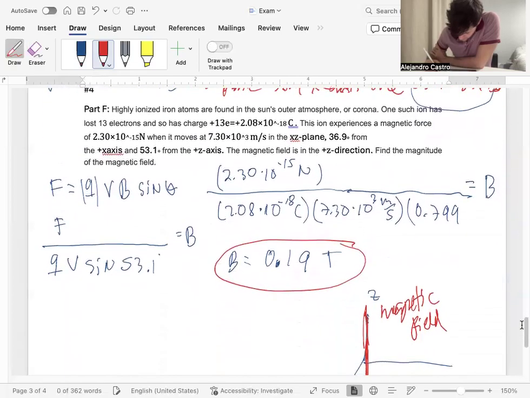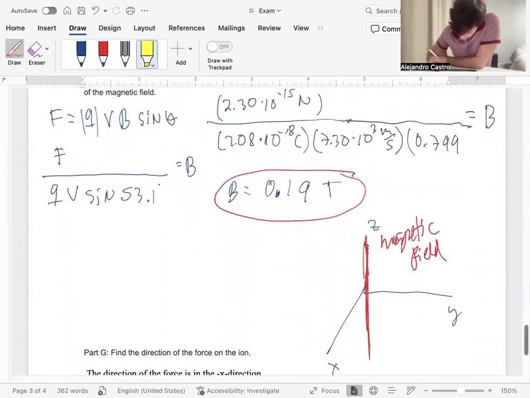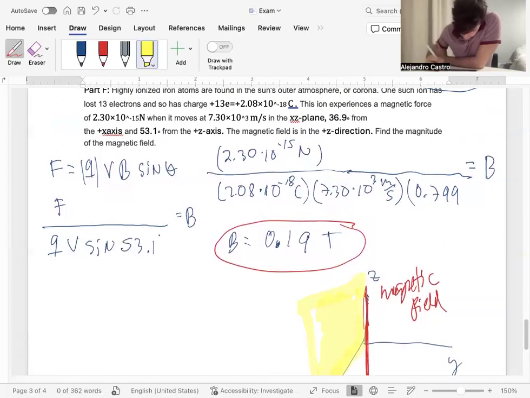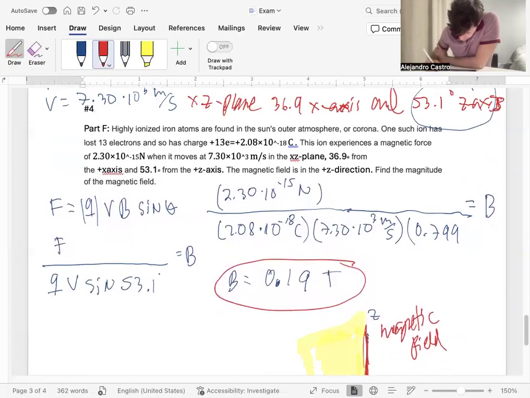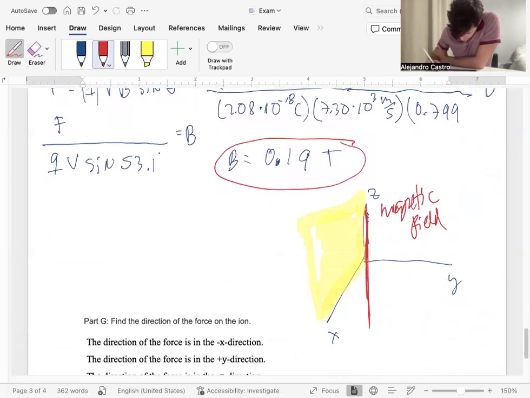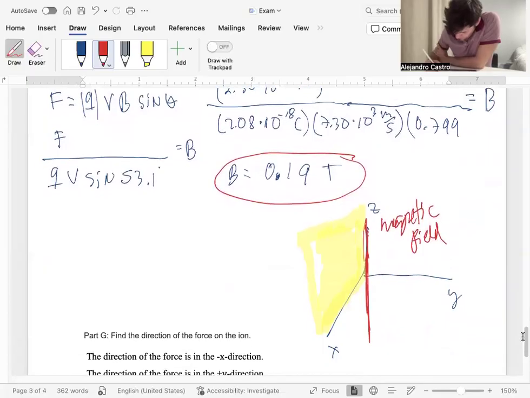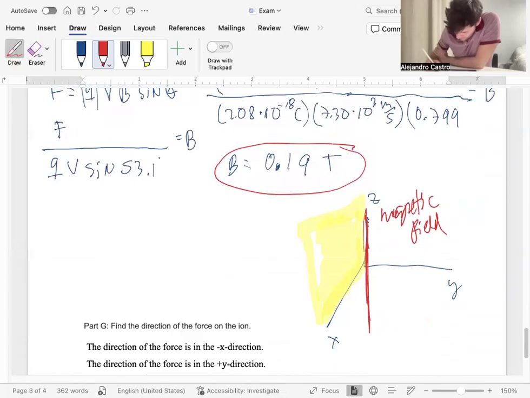And it moves on the xz plane. We know the force has to be perpendicular, so it will have to be on the y direction.